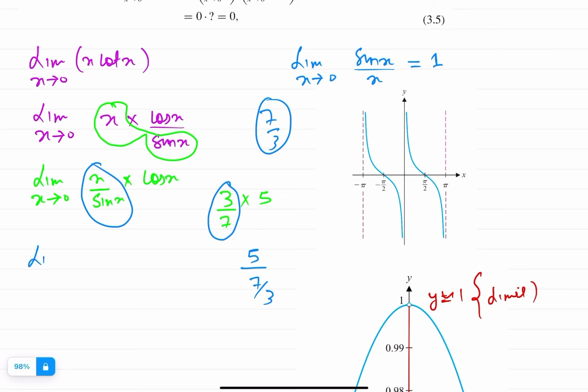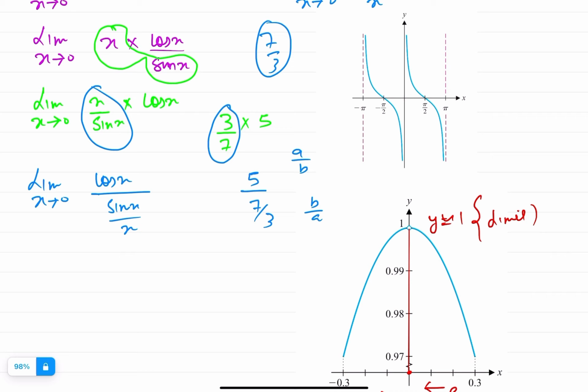So for this, we should take it into the denominator. When you take it into the denominator, it gets reversed. For example, if it is a by b, it will be b by a. So this will be sin x divided by x.